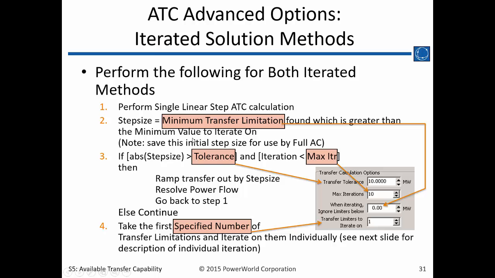So it'll take a linear step of, I think, about 34 megawatts, then go out there and actually solve the power flow at that level, and see if the limit on the limiting element is exceeded or not. Then it might need to move forward a few megawatts or back a few megawatts. But if it gets to a point where the linear step that it takes is below this level, then it'll stop doing power flow solutions and just estimate the transfer based on that last linear step.